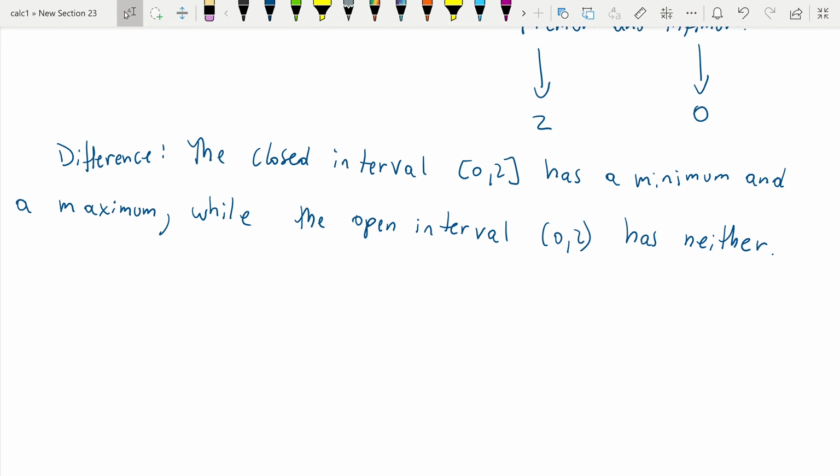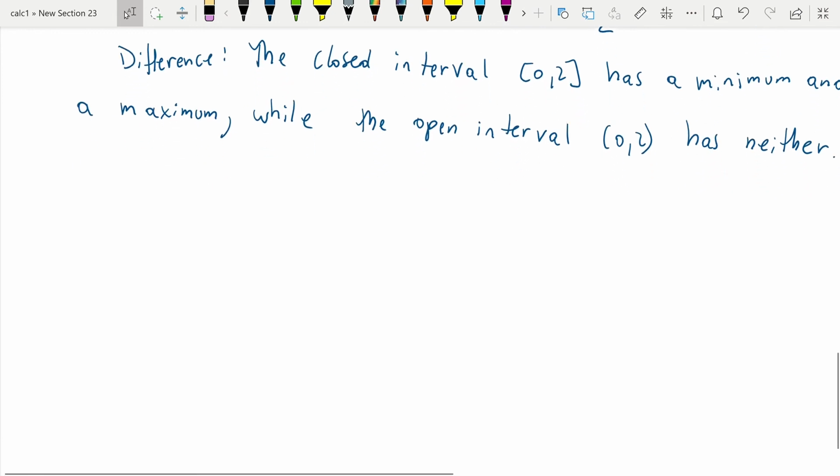And more importantly, perhaps, you should not confuse the fact that a supremum exists with the fact that a maximum exists. If a maximum exists, then the supremum exists, but not the other way around.